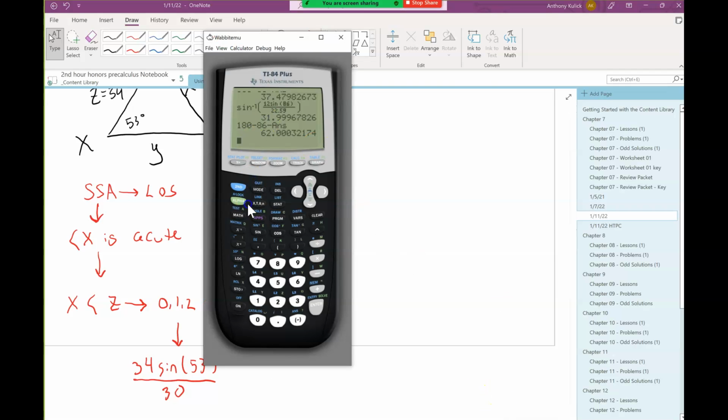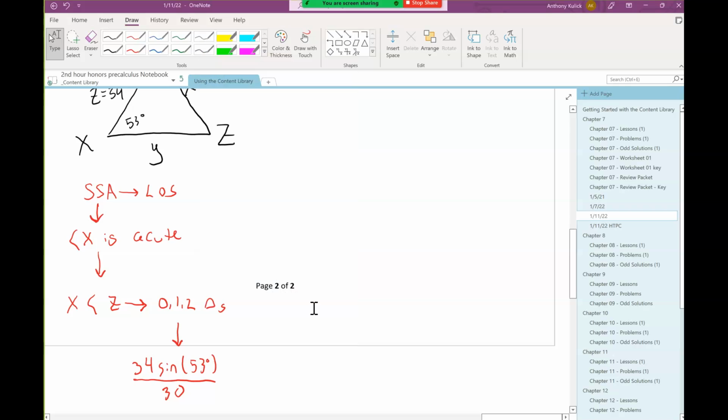And we're going to analyze that number. So 0.905.